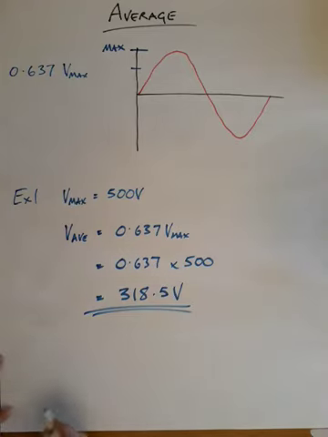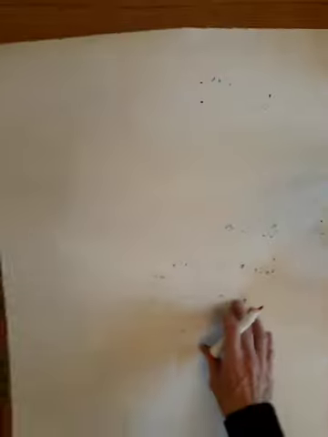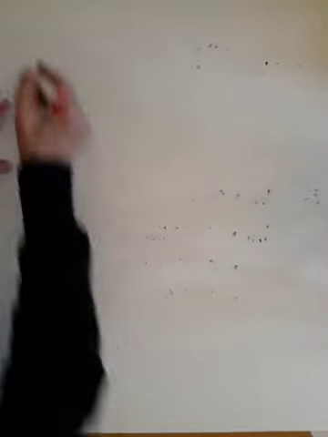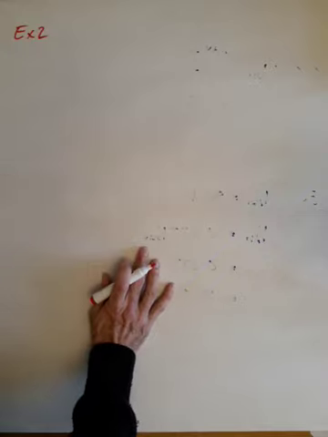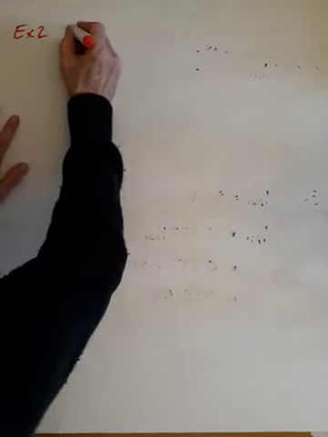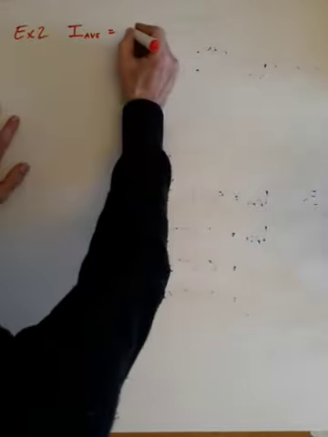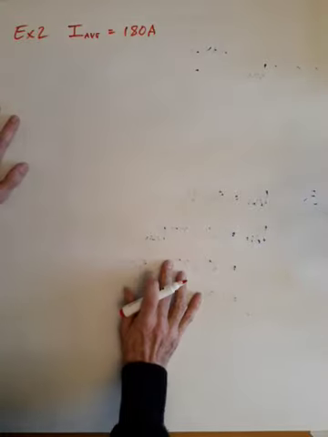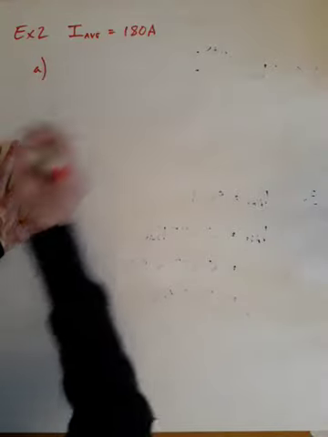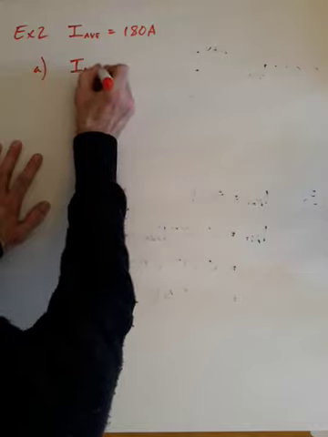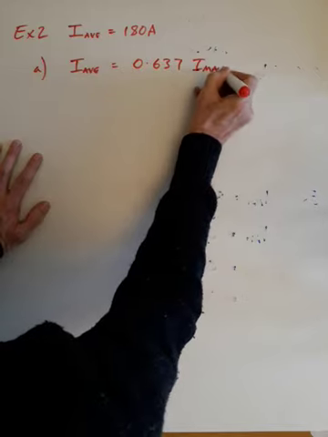So, quick look at example 2. Let me turn this over. So, example 2, and the numbers are different. We're saying that I average is 180 amps. So in part A, you're asked to find the maximum. So we write I average is 0.637 Imax.